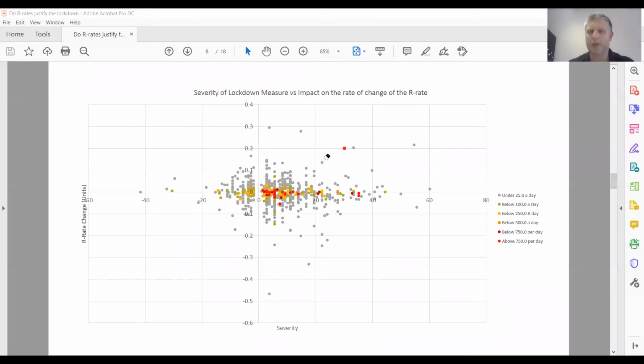It's definitely a mess. The color coding here, just to draw a little attention to that, is covering the different scales. That's the average daily deaths in that outbreak. So the very bright red dots are above 750, then you've got below 750 but above 500, and then below 500 but above 250, etc. The grey dots are the ones in small outbreaks.